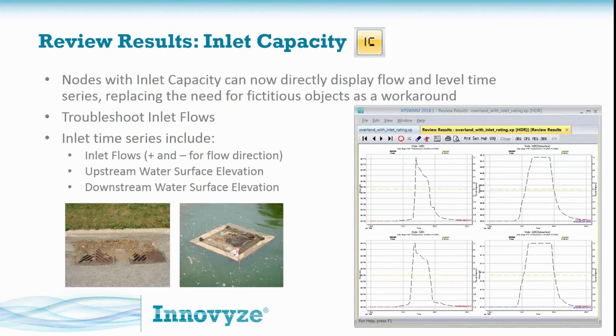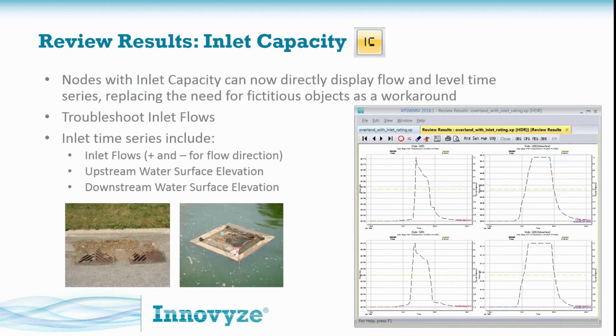In the review results, we've created a new, basically, object group called Inlet Capacity. IC is the icon to press on the toolbar. What it does is if you have a node in hydraulics that has inlet capacity, previously there was a kind of involved workaround in order to see that hydrograph.